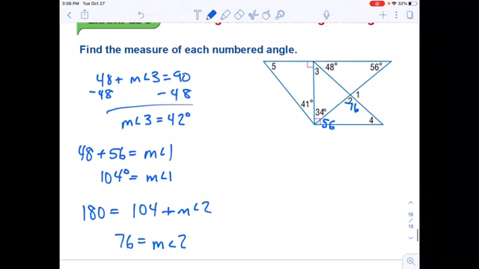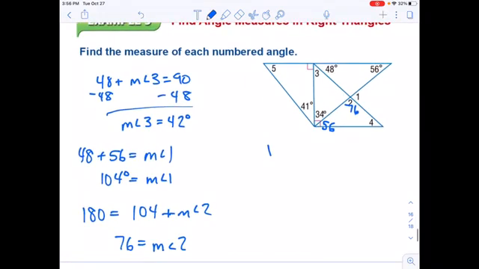I can use the triangle angle sum theorem to take 56 plus 76, and then subtract that from 180 to find the measure of angle 4. So I get 180 minus 132 equals the measure of angle 4. So the measure of angle 4 is 48.